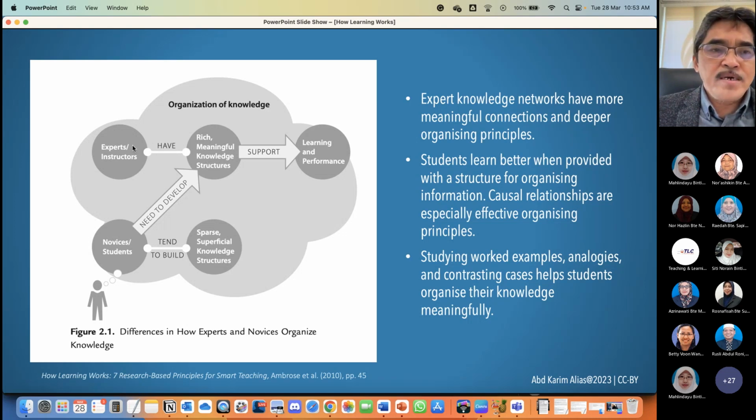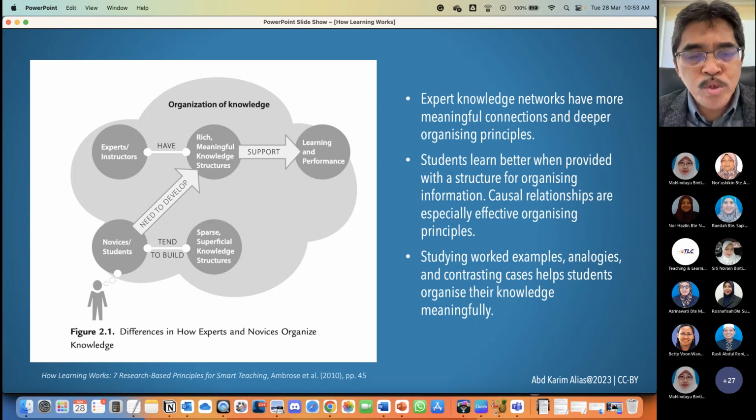So our role here, as subject matter experts or instructors, is to design our lesson using all these different strategies, learning activities, tools, and applications, to help them to have that rich, meaningful knowledge structure.